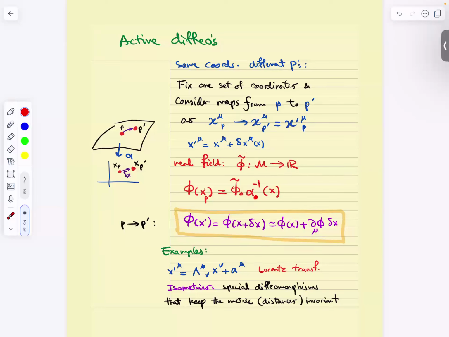This is the pullback of phi tilde in the coordinate system, because phi tilde has to take as input a point P. Phi of x_P is phi tilde of alpha minus 1 of x.